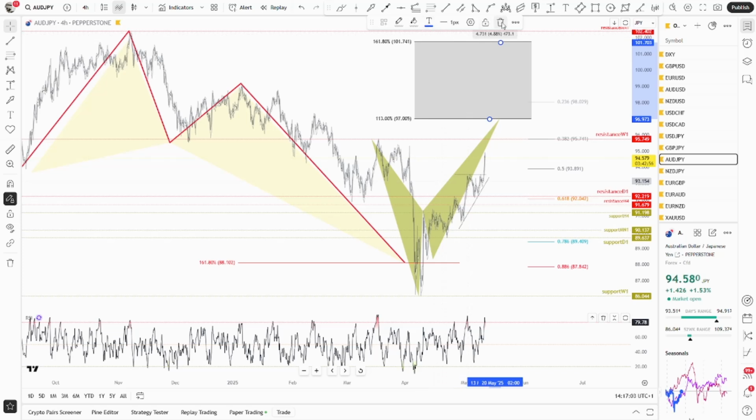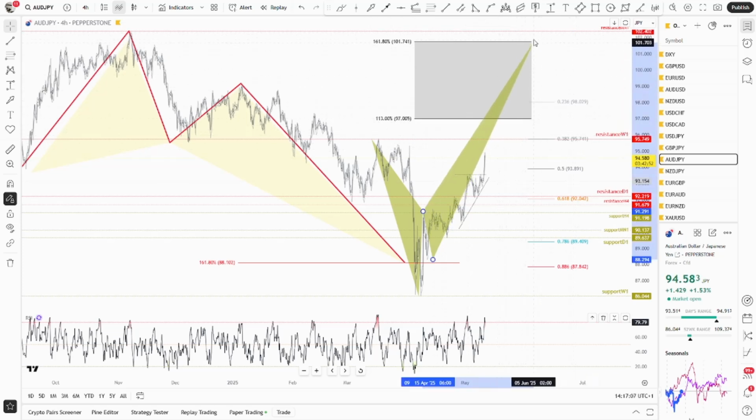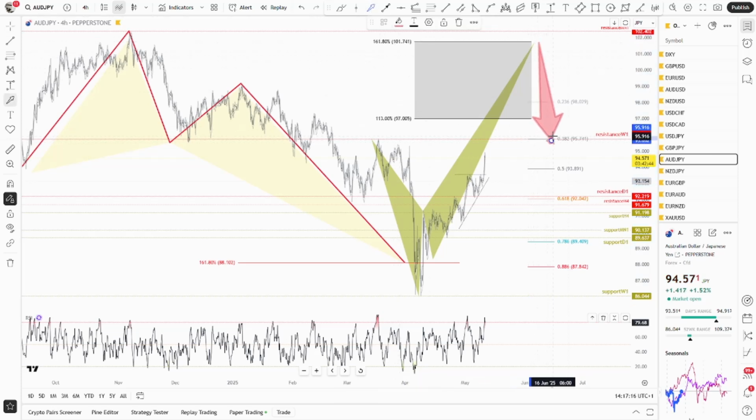Okay, so this is something to consider. If the price pushes to the golden Fibonacci level, the default target for that drop, we have a perfect confluence between the projected target and the previous resistance level.